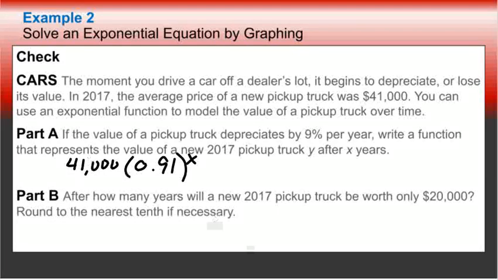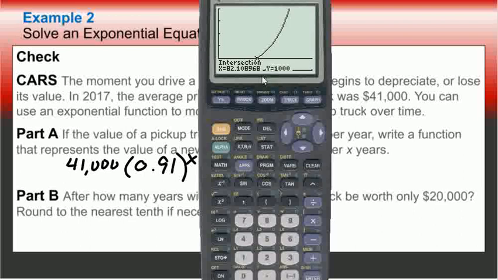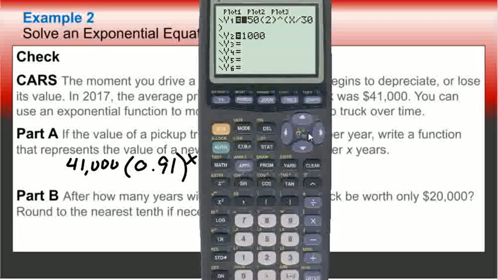So on our calculator, go to our y equals, and we'll make this 41 times 0.91 raised to the x power. Delete the rest of this.